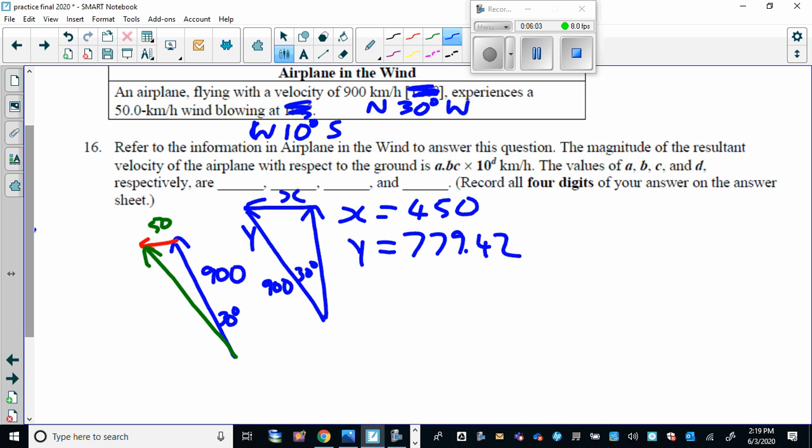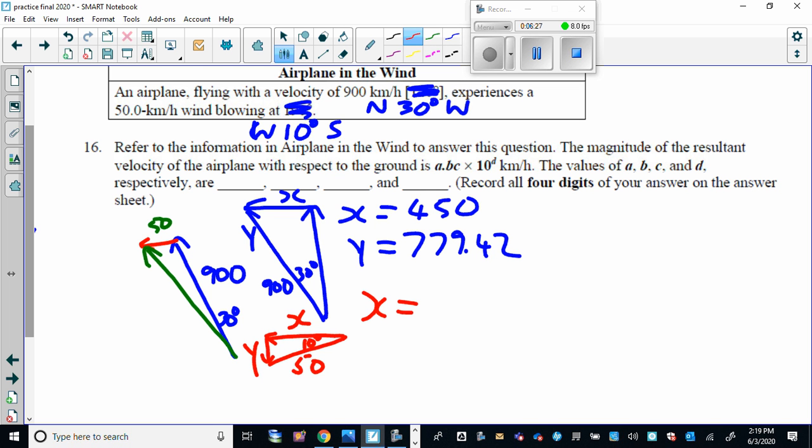Now for the wind. And again, use sine and cosine, and note that your wind is going west and south. The plane was going north and west.